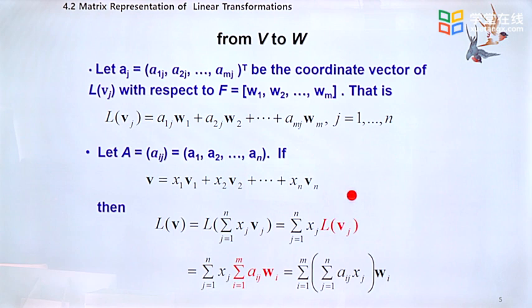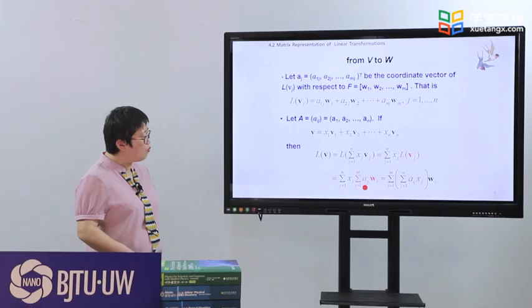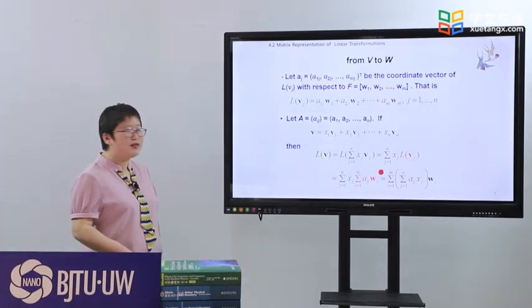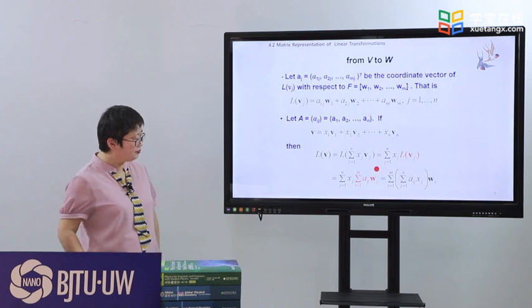And again, L(vj) has this representation here. L(vj) can be written as a linear combination of w1, w2, ..., wm. So we write it here, which equals summation i varies from 1 to m, aij times wi.